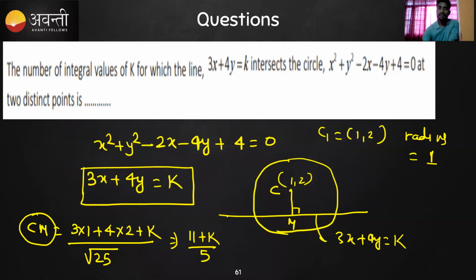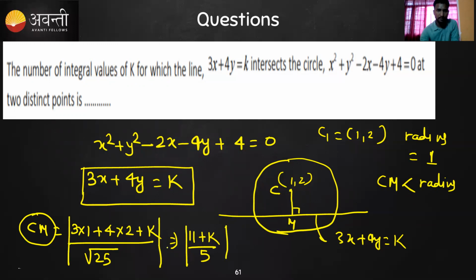I know it is intersecting at 2 points now. So we can simply write this CM will always be less than the radius. Okay, if it is touching, then we can say CM is equal to radius. But if it is intersecting at 2 points, we can say this CM will always be less than radius. So from here, we can write, and basically you can also write this mod value now.